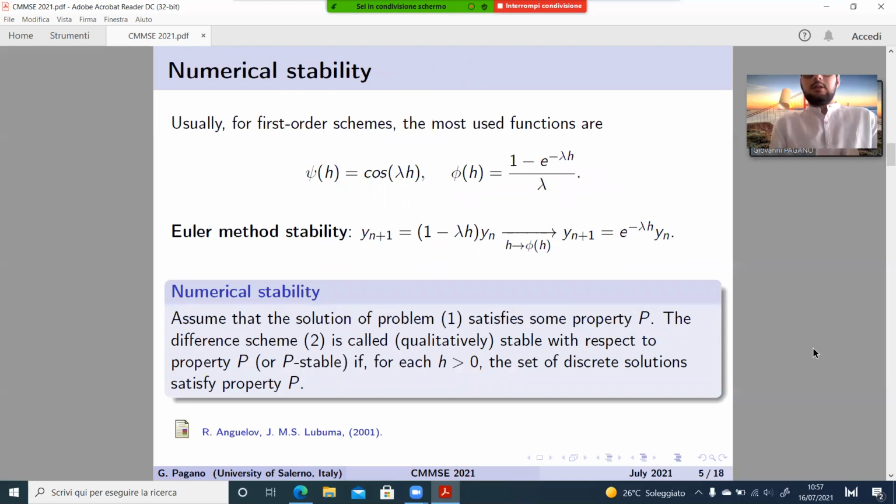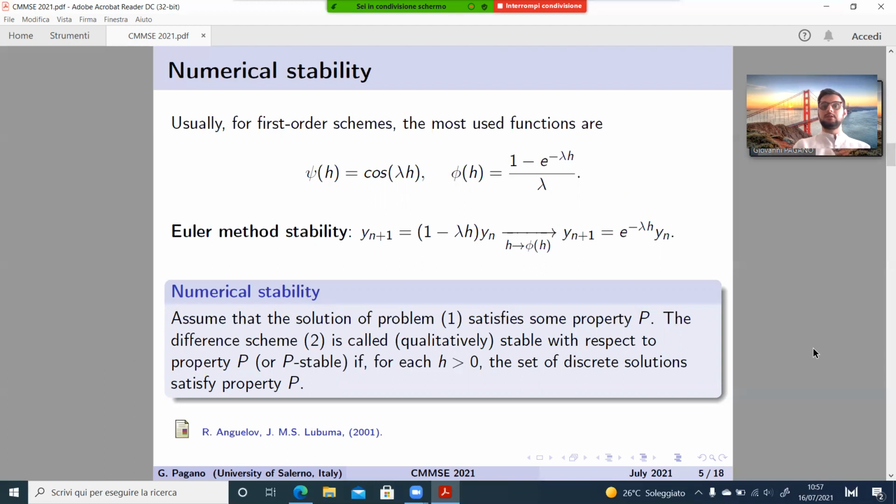In fact, these are some functions that are in general used for non-standard schemes, and this is a small proof of the fact that the explicit Euler method, with the substitution of h by this function phi of h in this slide, becomes A-stable. This is an exact representation, and this is a non-standard scheme.